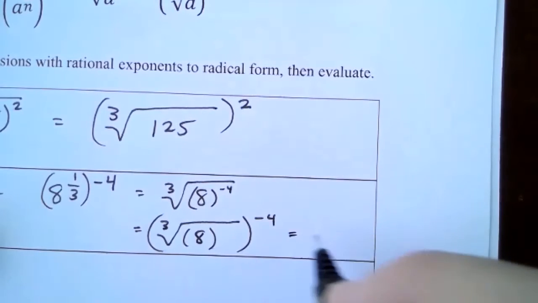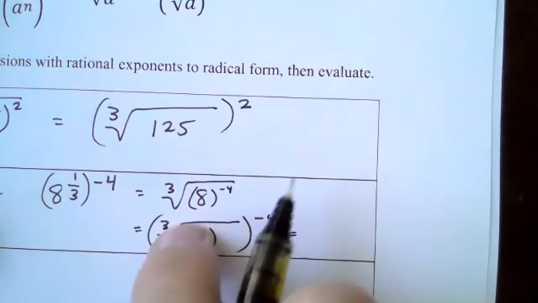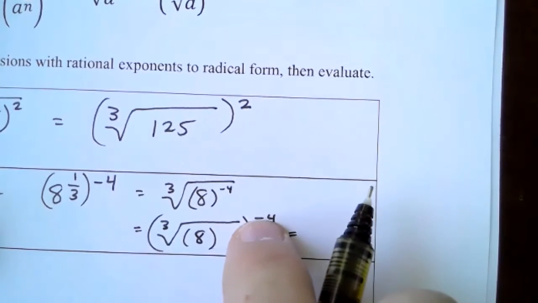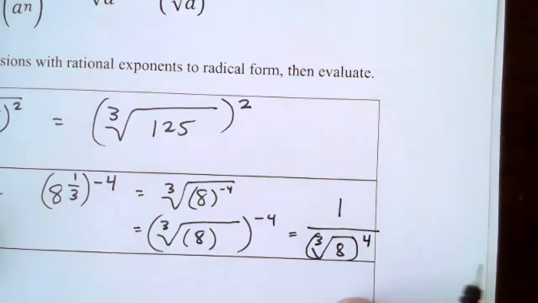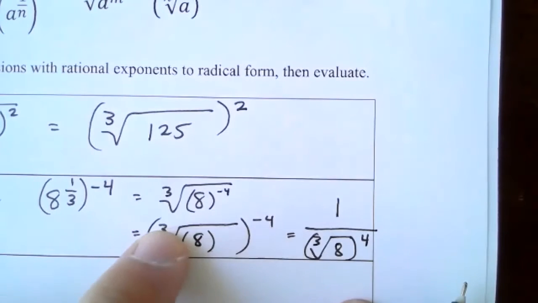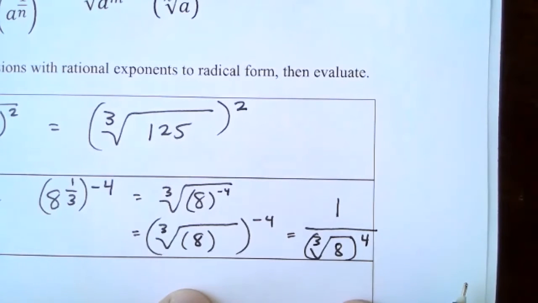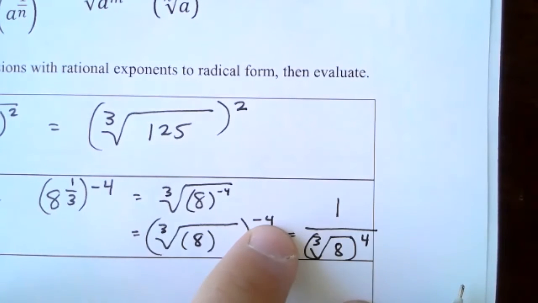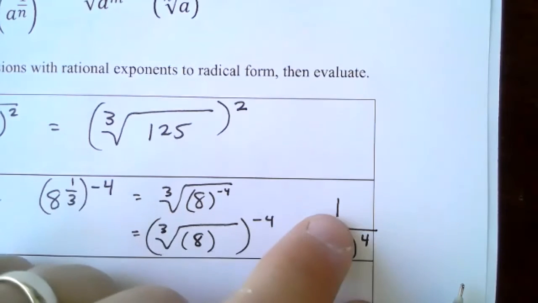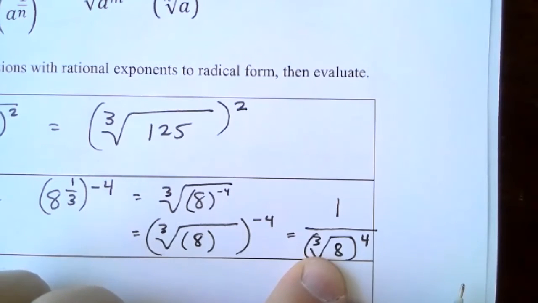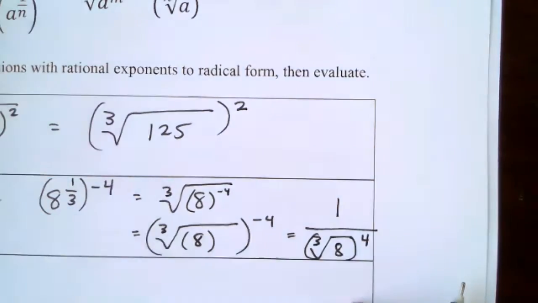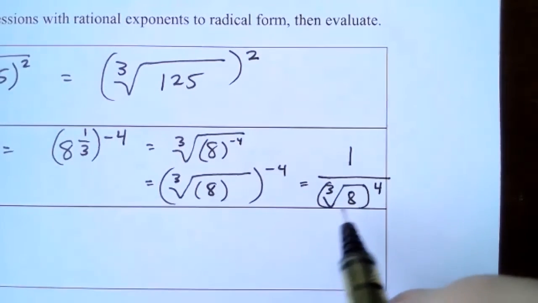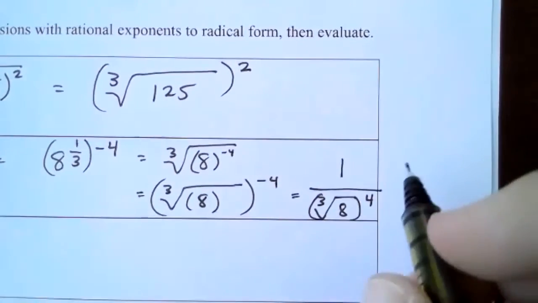Instead of this to the negative 4th power, it's going to be 1 over that to the positive 4th power. See how it was on top of the fraction here. If you put a 1 underneath it, now it's a reciprocal. If we flip it upside down and put a 1 on top and that on the bottom, you change the sign on that exponent, okay? So what's going on here?